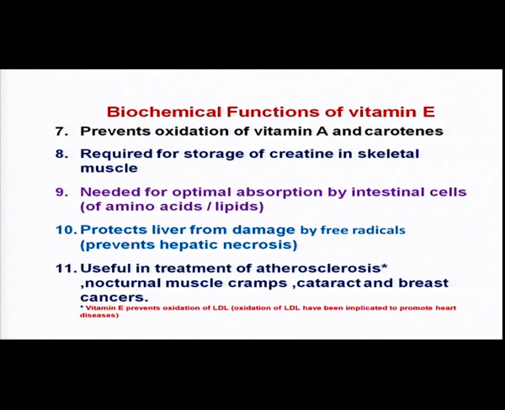In addition to that, you do have plenty of other examples, like nocturnal muscle cramps, then cataract, then mammary carcinoma. So these are some of the therapies. Any inflammatory condition, for example, muscle cramps, there is injury. You consider cataract being the fibrotic formation of the layers of your eye.